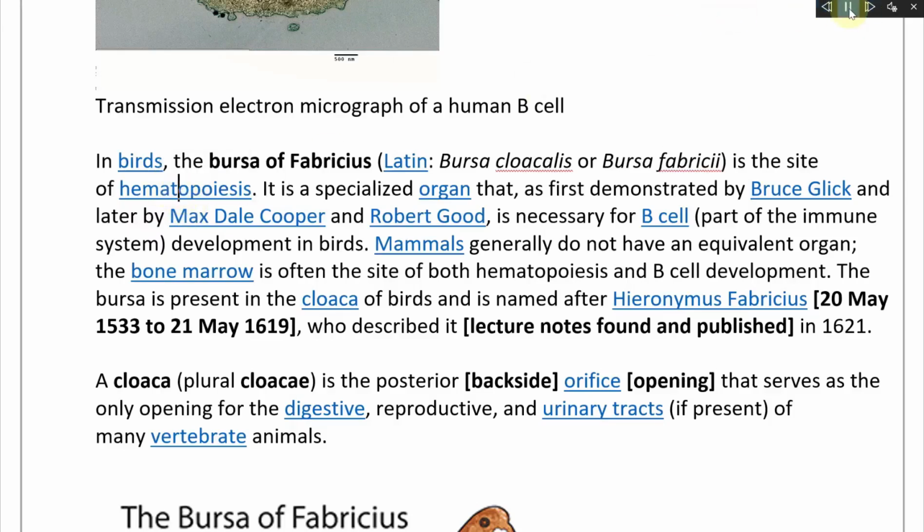Let's see the pronunciation again. Hematopoiesis. It is a specialized organ that, as first demonstrated by Bruce Glick and later by Max Dale Cooper and Robert Good, is necessary for B cell development, part of the immune system, in birds.